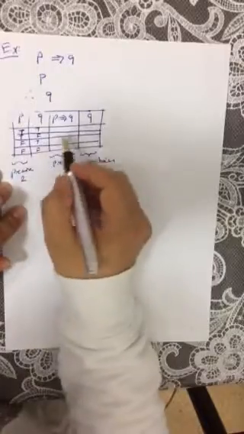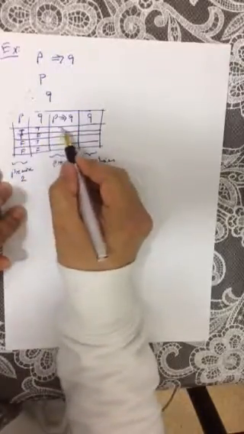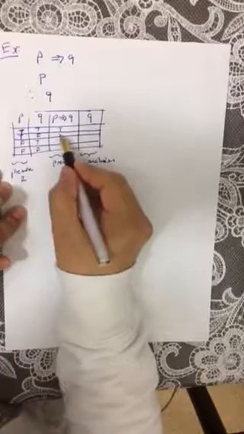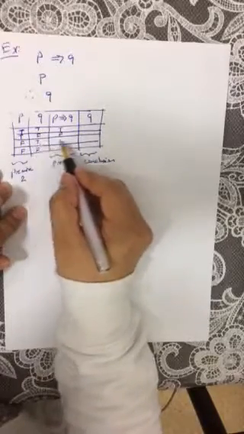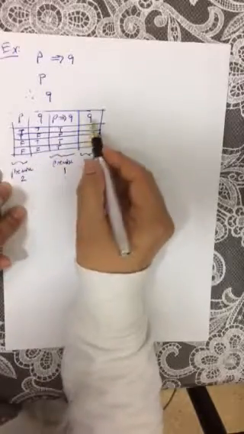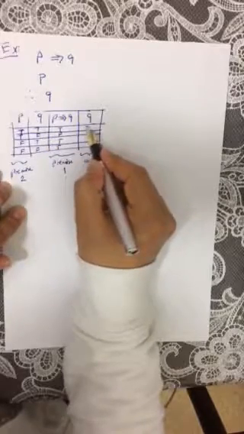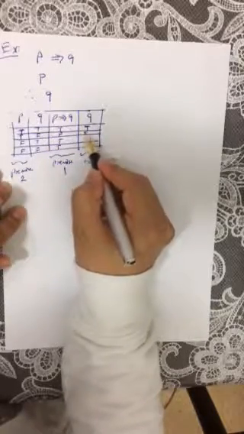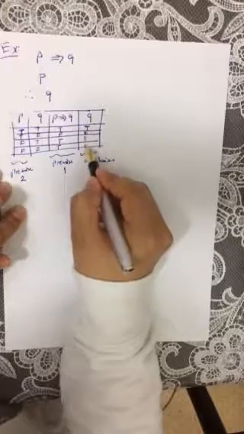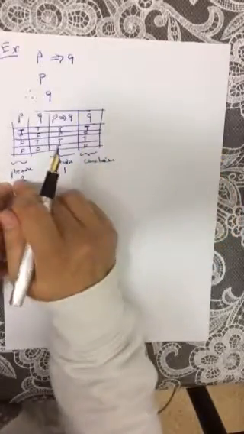All right, so if P implies Q, we know those values here. True, true gives true, true, false gives false, false, true gives true, and false, false gives true again. So let us rewrite here the conclusion: true, false, true, and false. So premise 1 and premise 2.